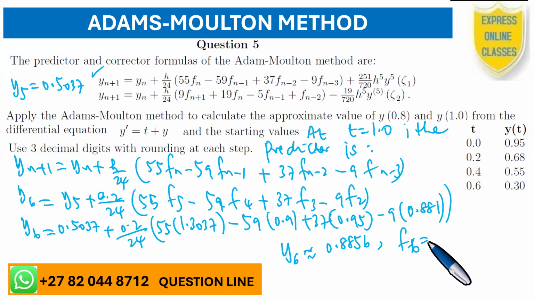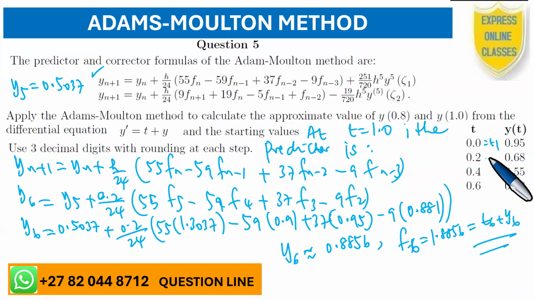F6 is 1.8856, which is at t6, y6. So what's going to be t6?